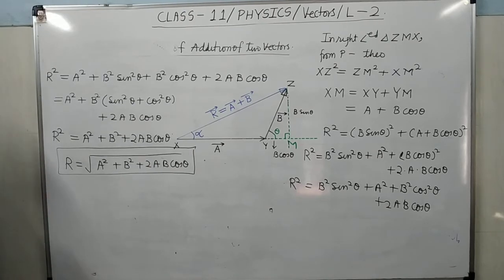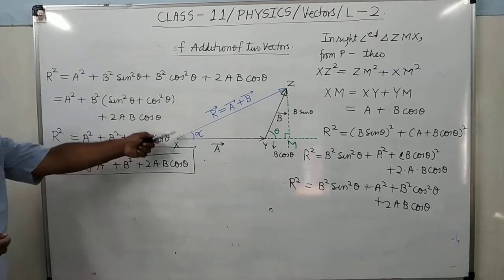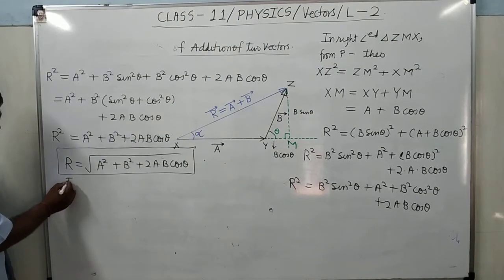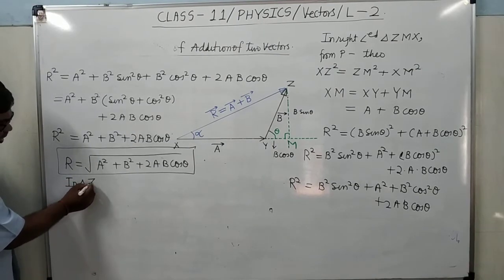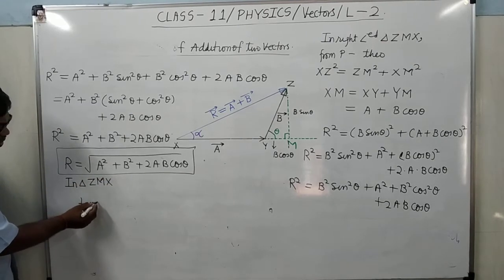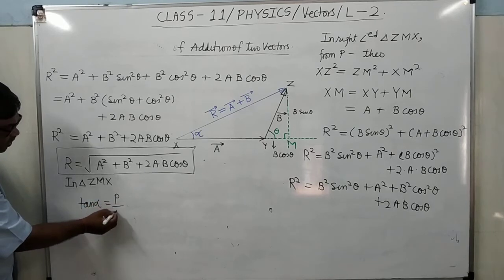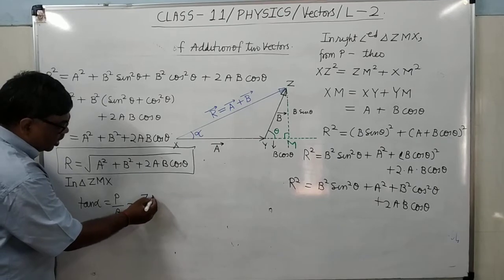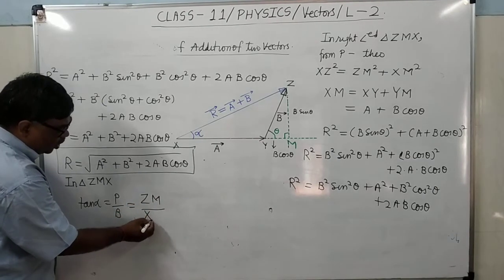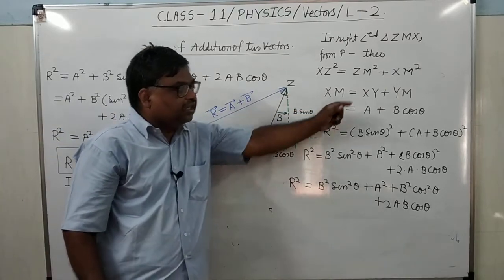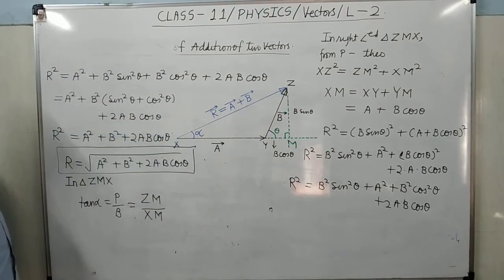Then how will you find this angle? So this angle you see here in triangle ZMX. In triangle ZMX, tan alpha will be equal to perpendicular upon base. What is the perpendicular? ZM. And what is the base? XM, which you have already written as A plus B cos theta.